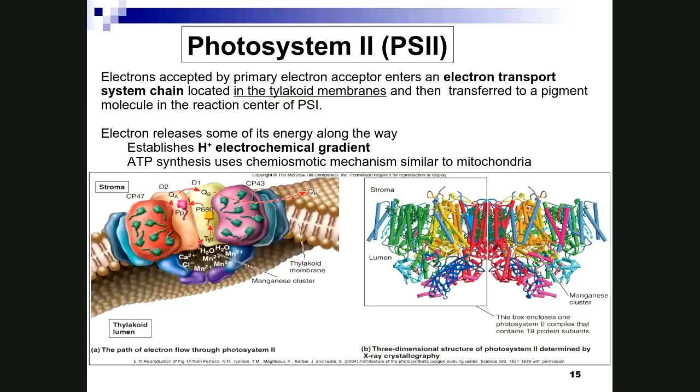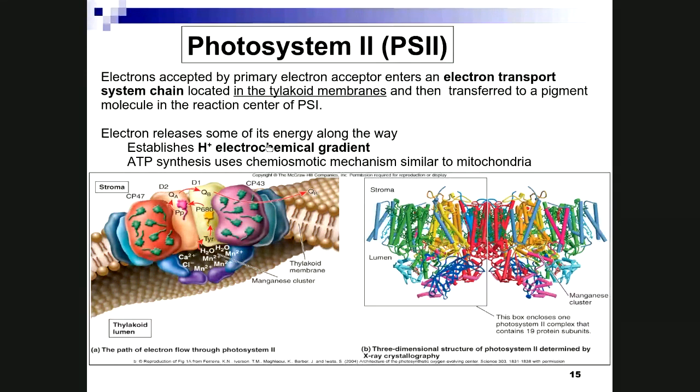All right. Okay, so again, indirectly, photosystem 2 is used. The electrons are excited, then are moved along the electron transport chain in the thylakoid membrane, and then we arrive at this one protein, a transmembrane protein, which acts as a pump, and it pumps hydrogen ions into the lumen, and we're producing a hydrogen electrochemical gradient.